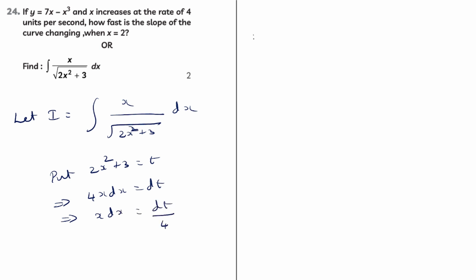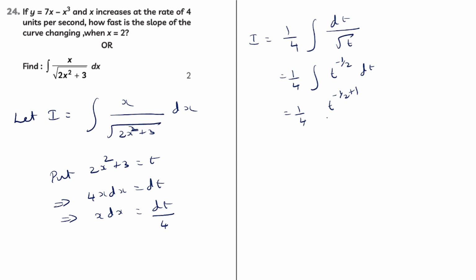So we are using integration by substitution. So the given integral becomes 1 by 4. In place of x dx we can put 1 by 4 dt. So this 1 by 4 I have taken outside. So here we have dt upon root t. So this is 1 by 4 integral t raised to minus half dt. So integral t raised to minus half is t raised to minus half plus 1 upon minus half plus 1 plus c.